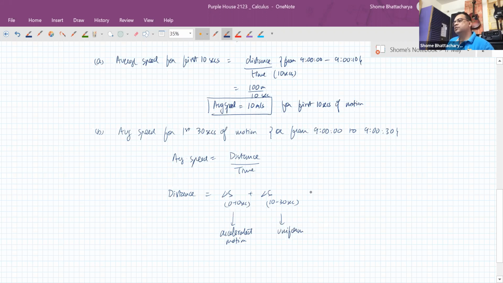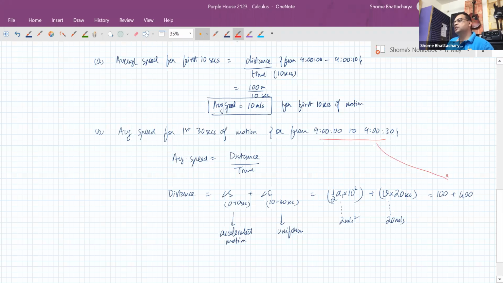For the accelerated motion, we have already seen that the distance is this much, where a1 was 2 meters per second square. But during this time, the distance will be the uniform speed into the time of 20 seconds, where that uniform speed is 20 meters per second. We saw that already. So this is 100 meters plus 20 into 20, so that's 400 meters.